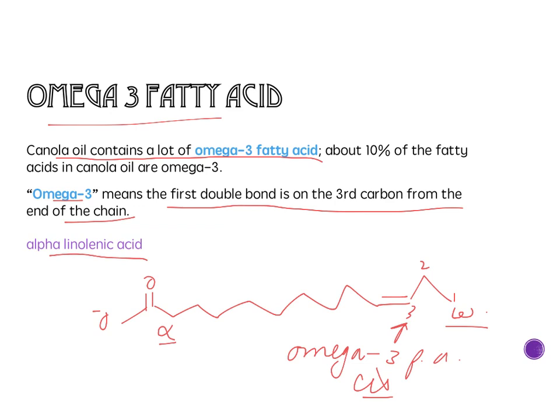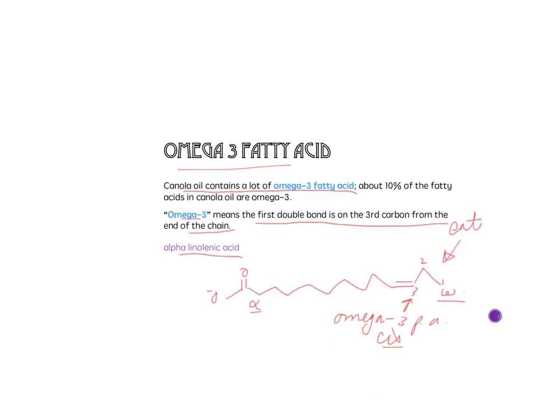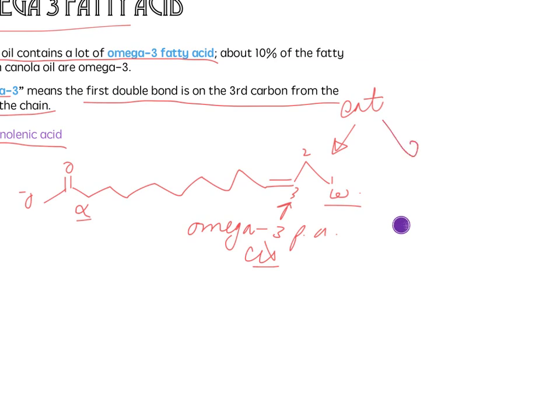And the reason they're healthy for you is because they don't stack nicely and they don't form butter. So what happens is you eat this, and some of the fat that you eat becomes incorporated into the lipids of your membrane. Just imagine these are all the lipids.